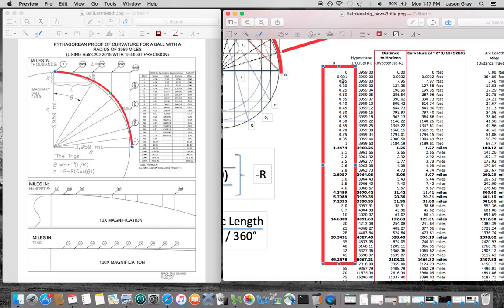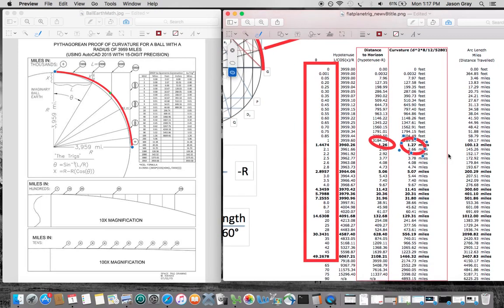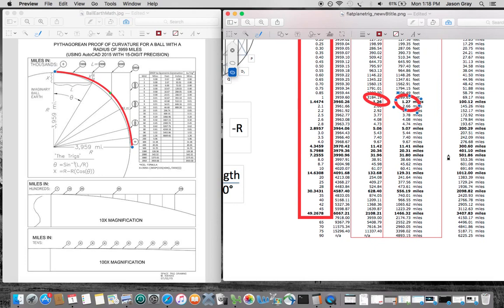So a fraction of a degree, 1.44 degrees, ends up being like 100 miles, right? At 100 miles, using the calculation I have, it's 1.26 miles to the horizon. And if you look here, the curvature calculation is very close. They're pretty much effectively the same thing up until a certain point.